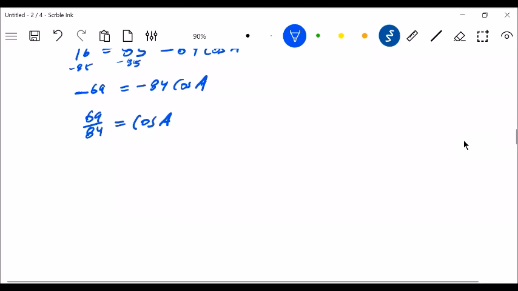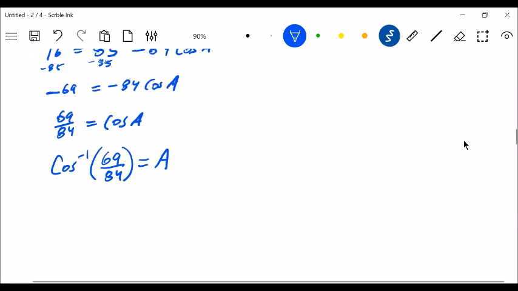I'm thinking a 3 can go into both, but you don't need to. Instead, use the calculator. Cosine minus 1 of 69 over 84 is going to give me what the angle is. So when I put that into the calculator, with the cosine minus 1, I get that alpha is approximately 34.8 degrees.